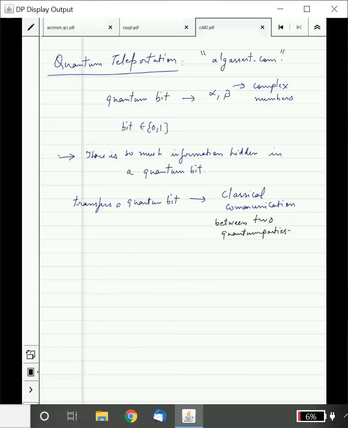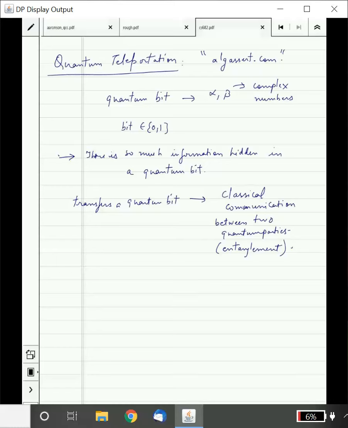Why do I need two quantum parties if they are only communicating classically? Let's just say that they have entanglement. So our task is to transfer a quantum bit.